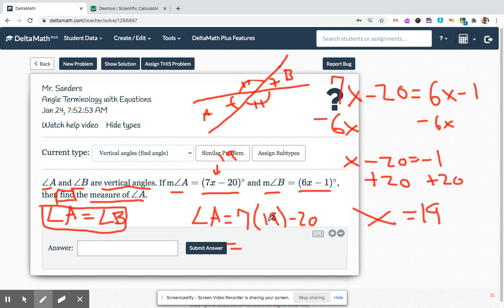So 7 times 10 is 70. 7 times 9 is 63. 70 plus 63 is 133, minus 20 is 113. That's what I get. Measure of angle A, 113.